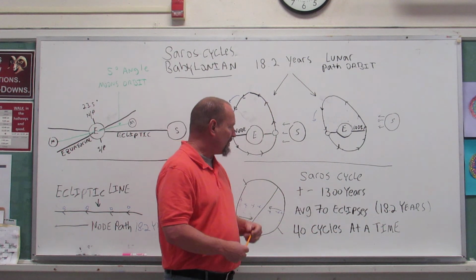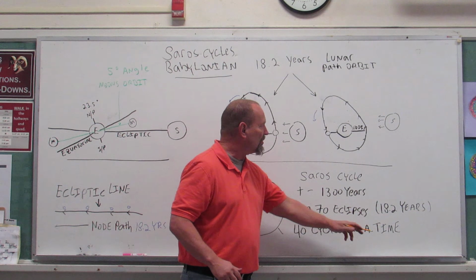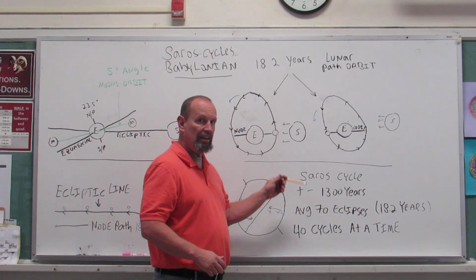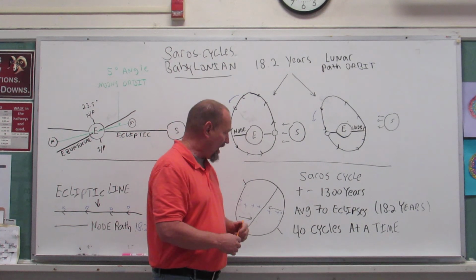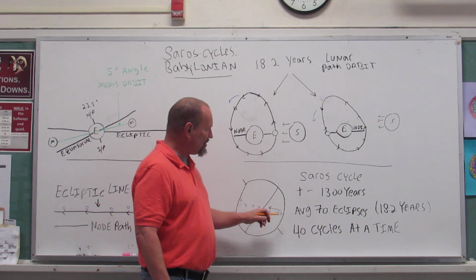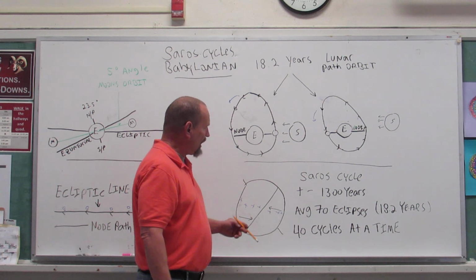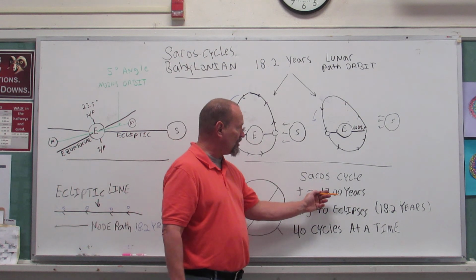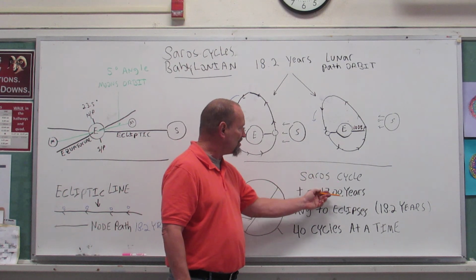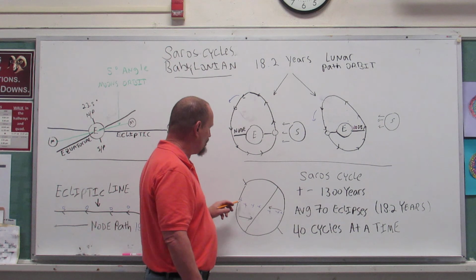On average, there are 40 Soros cycles taking place at any point in time. The reason for that is because eclipses will start either at the South Pole or the North Pole. They will start their 1,300 plus or minus year Soros cycle at the South Pole or the North Pole.